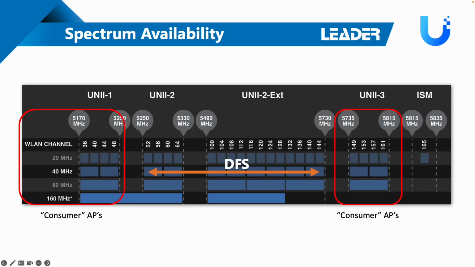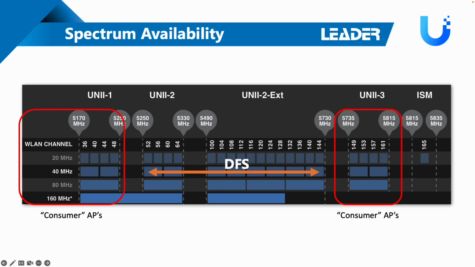So part of the 5 gigahertz spectrum is part of the DFS range, and essentially DFS relates to the channels you can select. There's no option to disable DFS. So what DFS is, it checks for radar signatures that operate in the 5 gigahertz space.